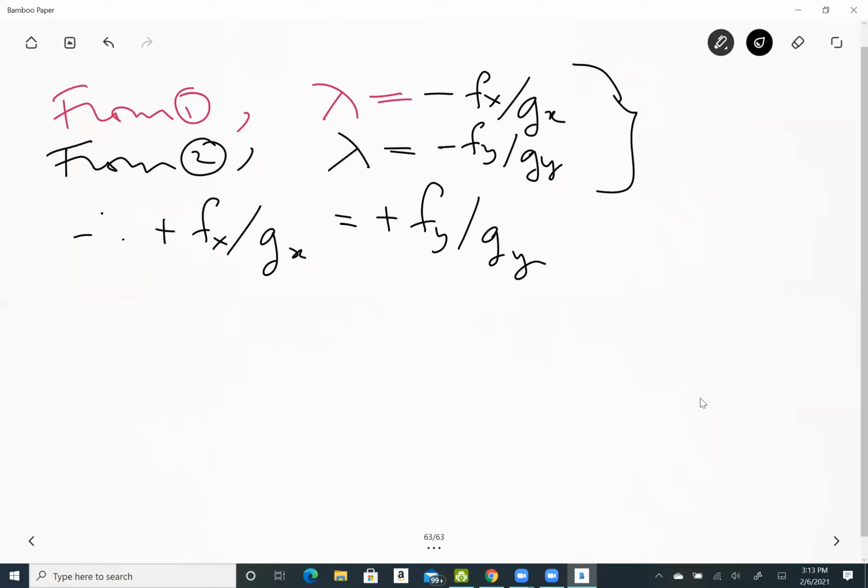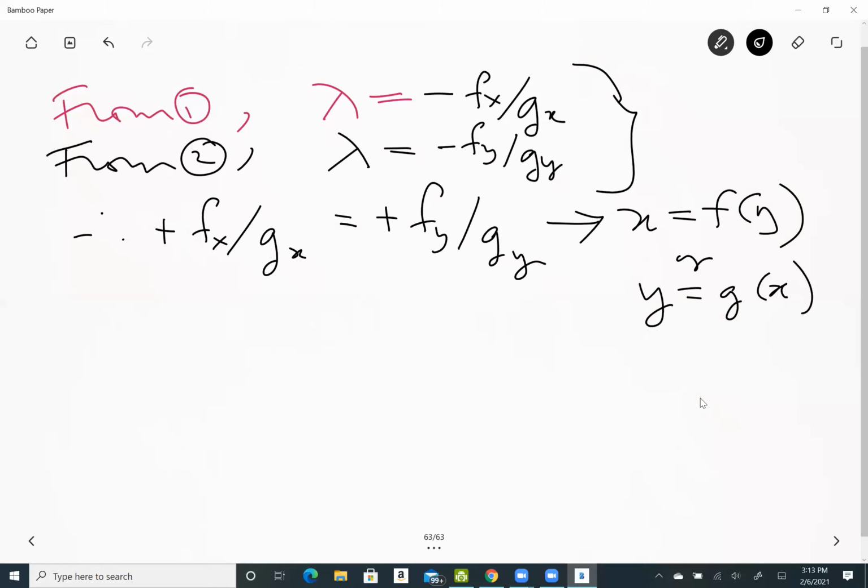Now from this ratio or relationship, I can write x in terms of y, or you can write y in terms of x. It doesn't matter. You can do either way, depending on the relationship. So what do you do next? You substitute.